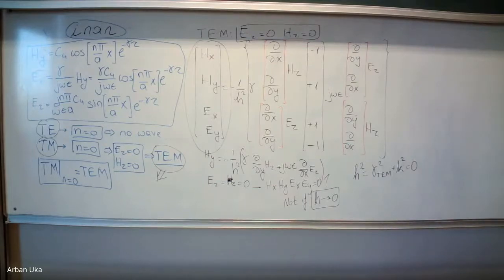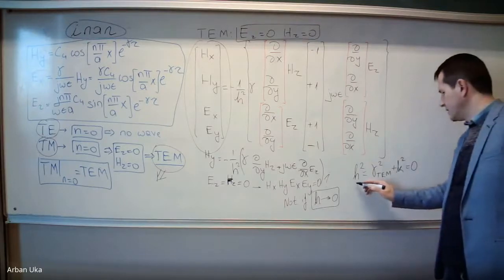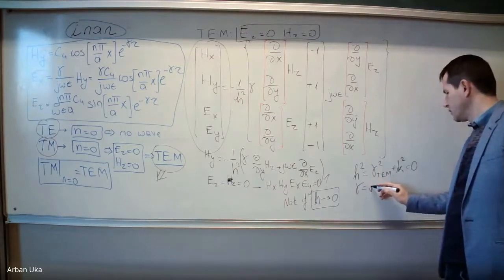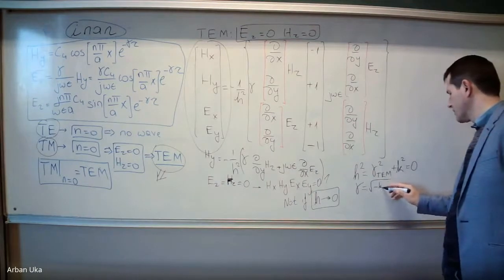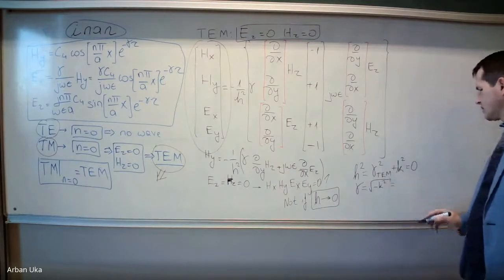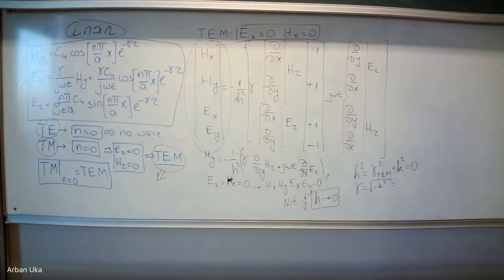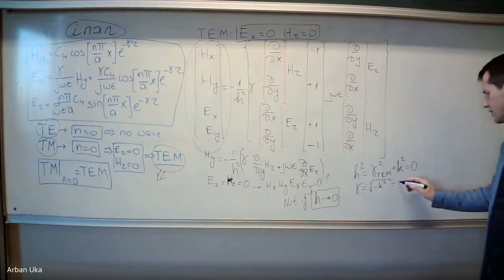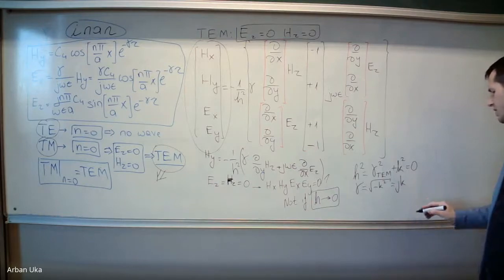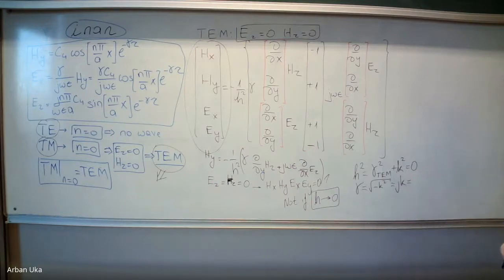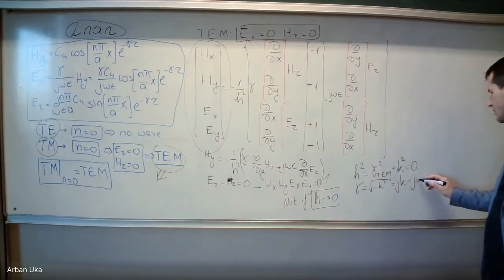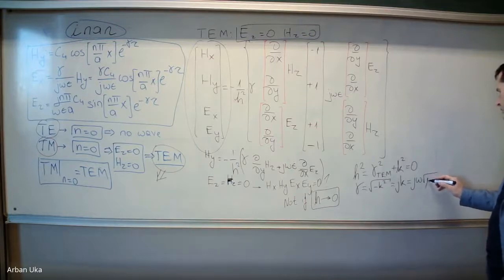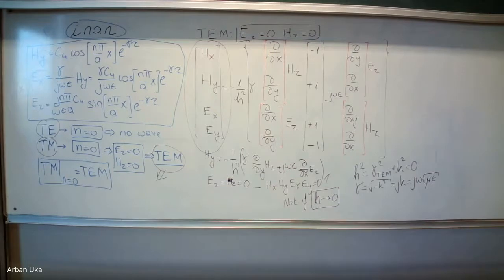So if this is equal to 0, this means that gamma is equal to the square root of minus k squared. So this gamma is equal to jk, the square root of minus 1 is j, and here we get j times omega permittivity.